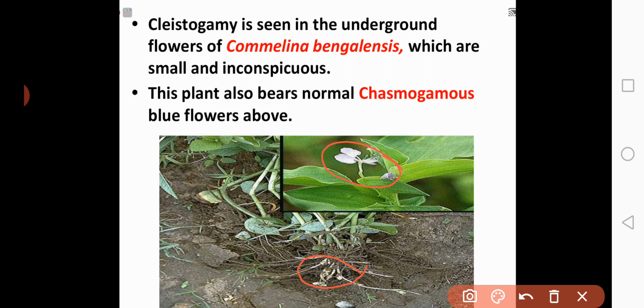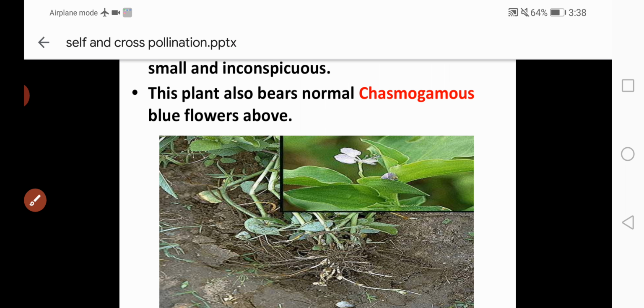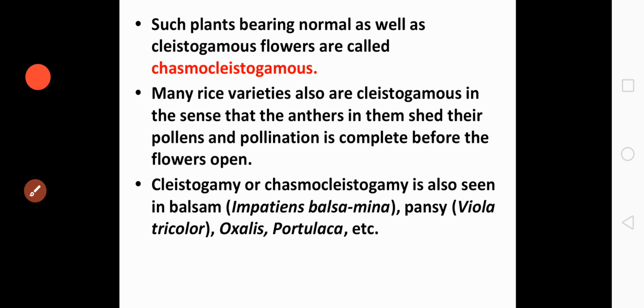These flowers do not open at all, so that self pollination is obligatory. Now such plants bearing normal as well as cleistogamous flowers are called chasmocleistogamous. Once again, the plants which bear normal flowers as well as cleistogamous flowers are called chasmocleistogamous.